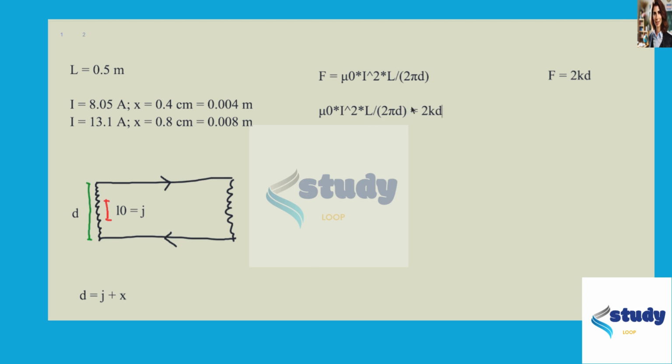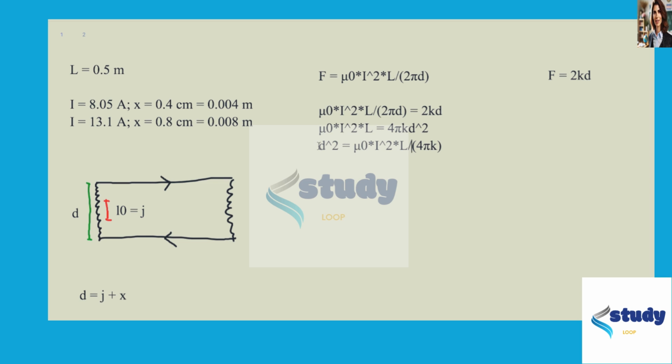Now we want to rearrange this and simplify a bit. Let's keep our mu naught I squared over here and multiply by 2 pi d on both sides. That's going to give us a 4 pi k d squared. Let's solve this for d. So d squared is this in the numerator divided by our 4 pi k in the denominator.